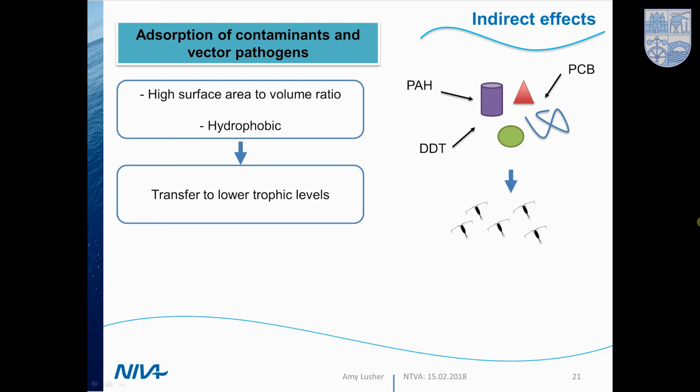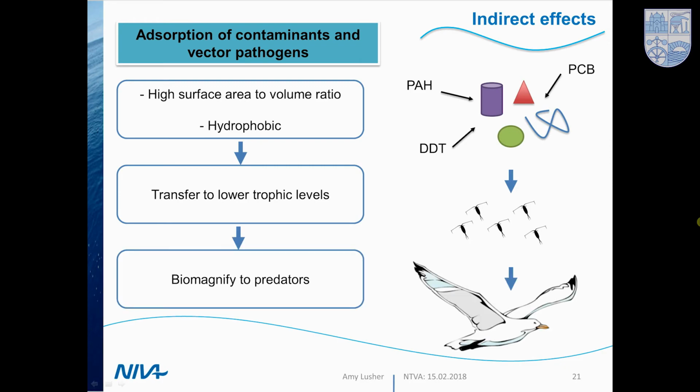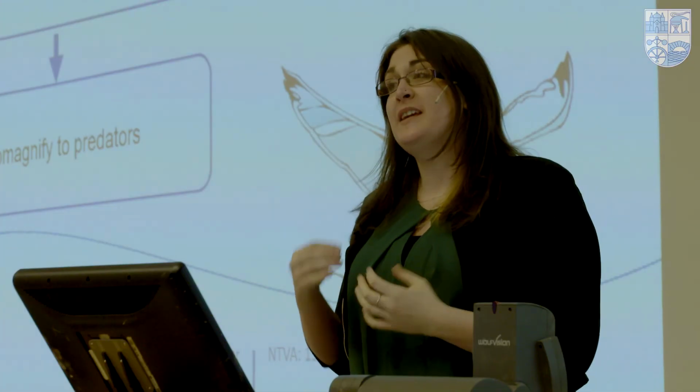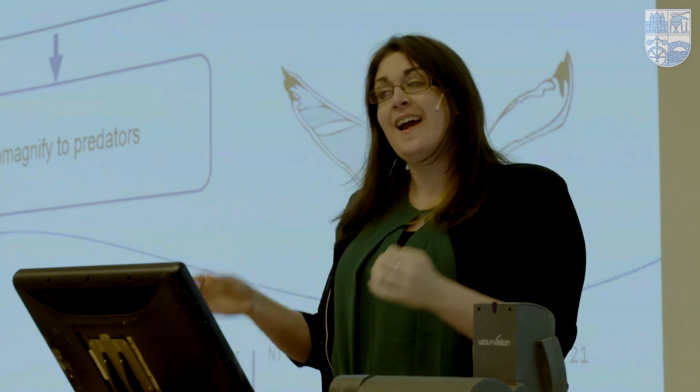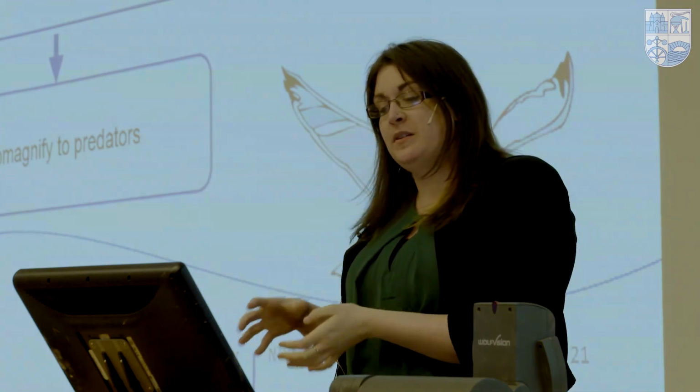But we could also see biomagnification to predators, and this is where the chemicals reach much higher concentrations in animals. But I'm referring to the chemicals themselves and not the microplastics, because once the chemicals are on the plastic and inside an animal, they can leach and then move into the next organism.